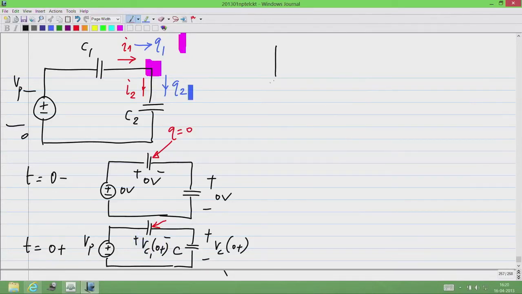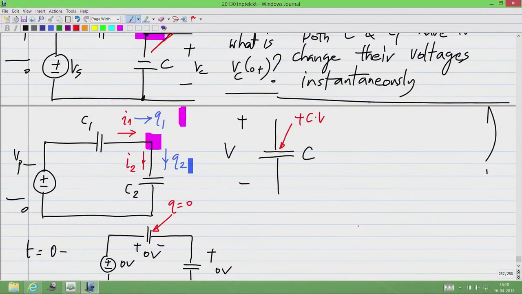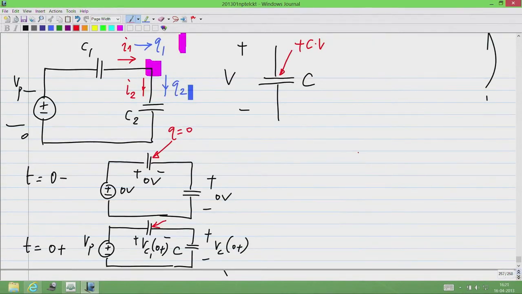So, let me just take a capacitor here. If I have a capacitor C with a certain voltage V across it, what it also means is that on this plate there is plus C times V charge and on this plate there is minus C times V.